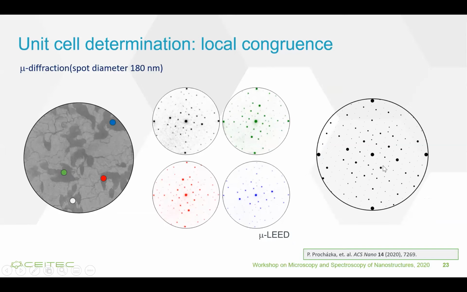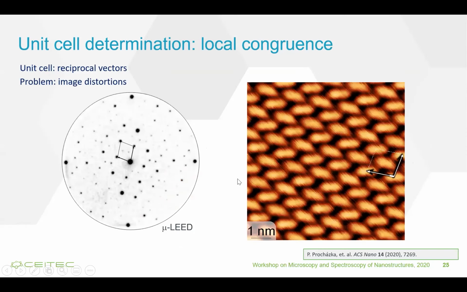So then we can make this composition of those micro diffractions, and we end up with the full diffraction pattern at the end. So taking the STM, taking the micro diffraction, we can see the reciprocal unit cell, but we see there is something more: it's not the pattern itself, it's the smallest part, the 2 unit cells.